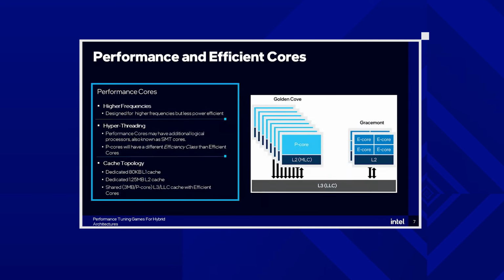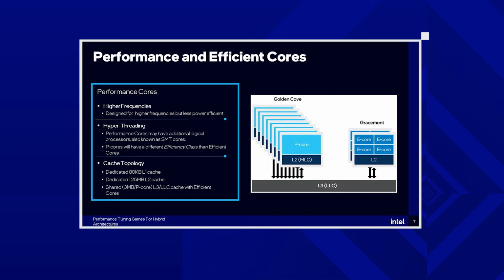So let's talk about the performance and efficient cores and their differences. Performance cores are designed for higher frequencies, but they're less efficient. Additionally, they also offer hyperthreading, which splits a single physical core into 2 logical cores. P-cores have a different efficiency class than E-cores.